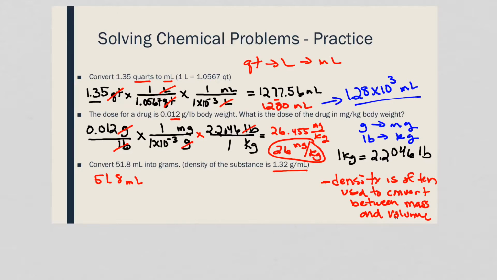Now, since we are starting with volume, I'm going to need the volume on the bottom and the mass on the top. So how are we going to use our density?